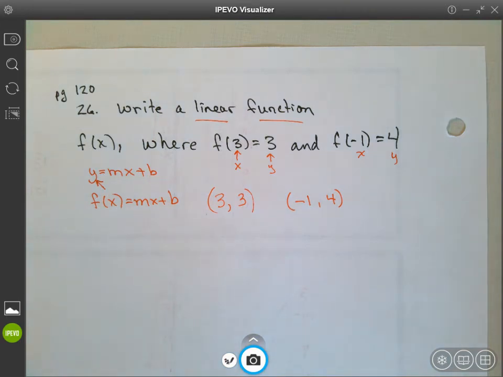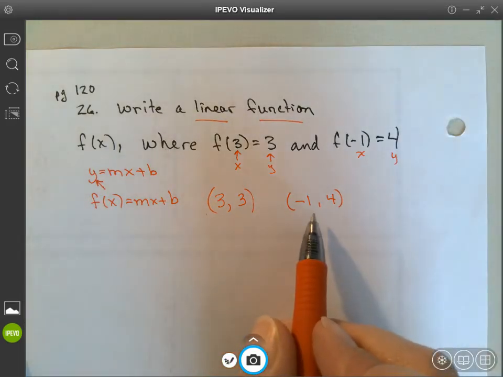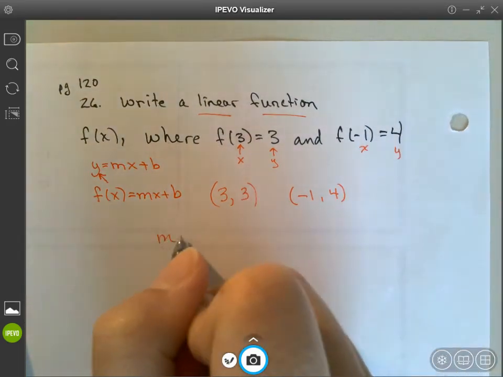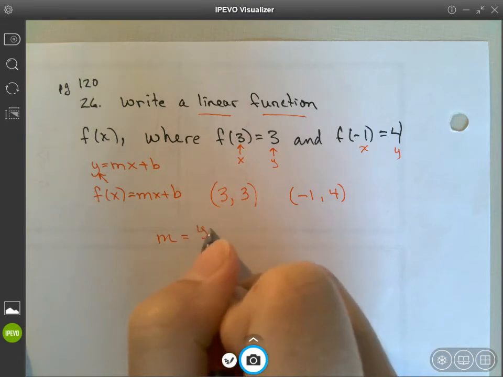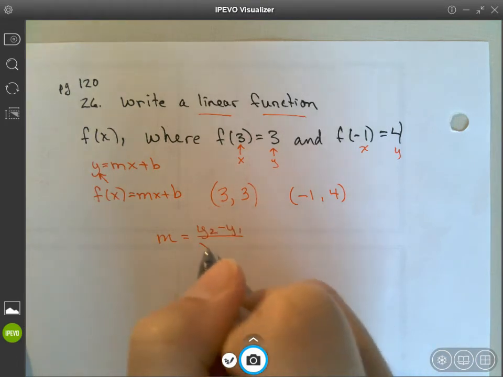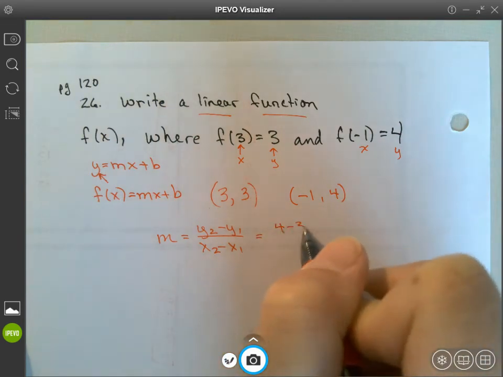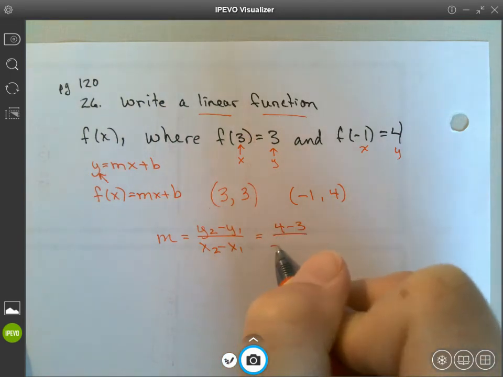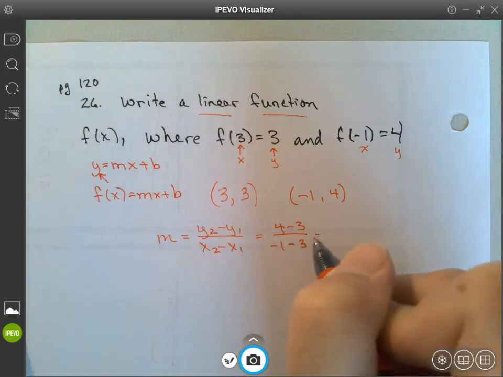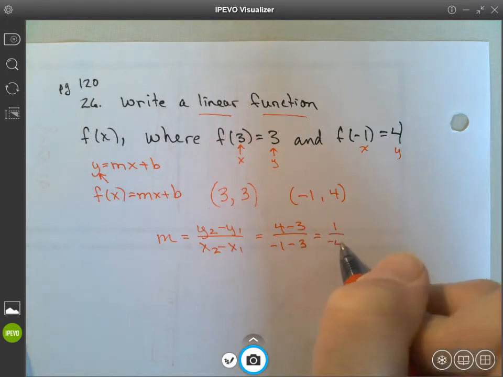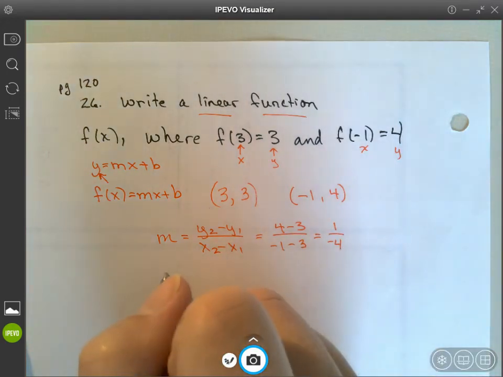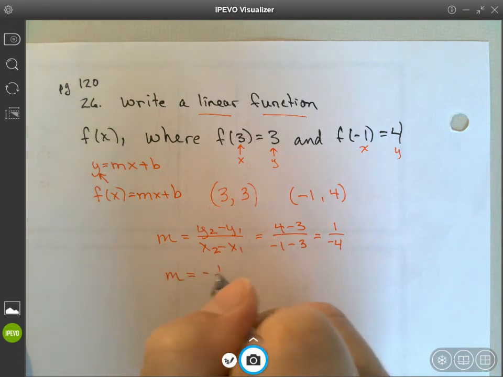Okay, so if I'm asked to write a linear function, we need to use our ordered pairs to find the slope. So that's not new. Find your slope, y2 minus y1 over x2 minus x1. And that would be 4 minus 3 over negative 1 minus 3. So I get 1 over negative 4. So my slope is negative 1/4.